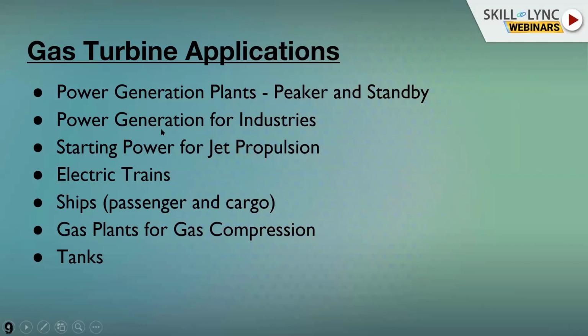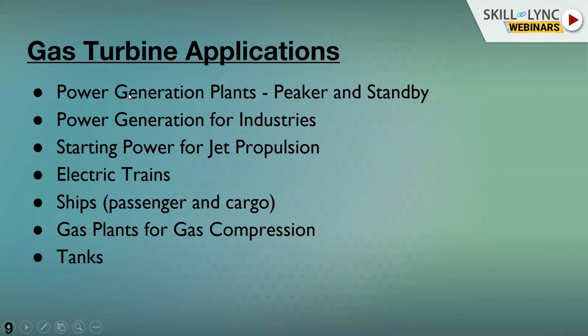And the second one is for industries. For example, paper mills or rice mills, and even to run manufacturing plants, like car manufacturing plants, or any major plants. Where the power generation is needed, gas turbines can be used in that location.